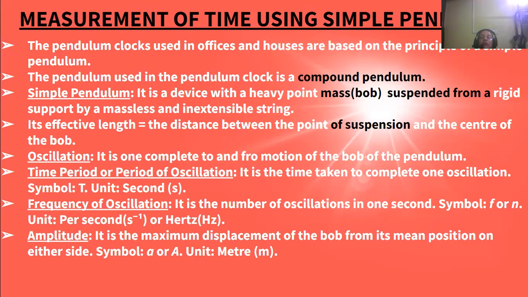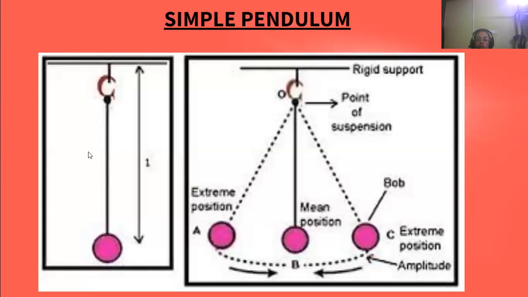Now, for that pendulum, what is its effective length? Effective length is the distance between the point of suspension and the center of the bob. If we see this picture, the effective length will be from the point of suspension to the mean position, the center of the bob.